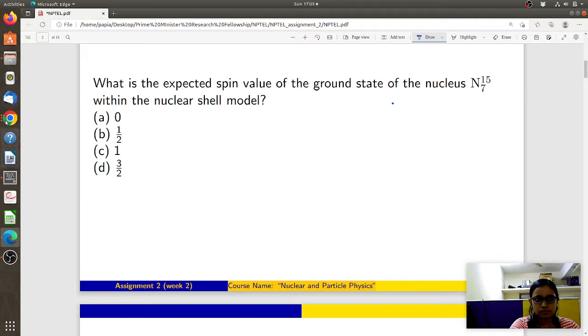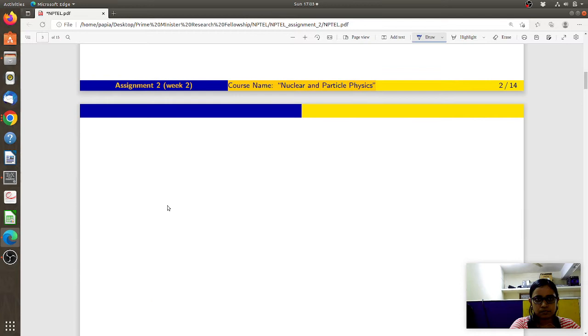Here I will describe some of the models which can explain neutron properties, as well as proton properties, the properties of the nucleus as a whole.